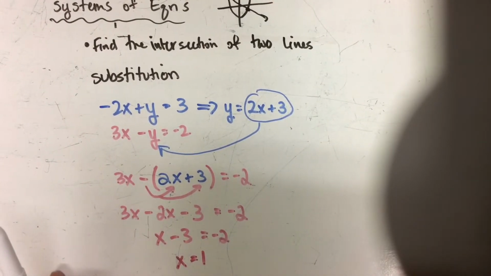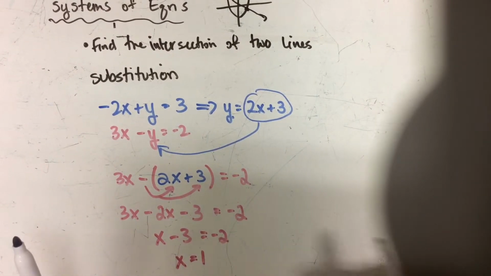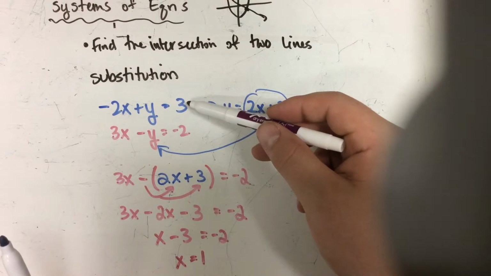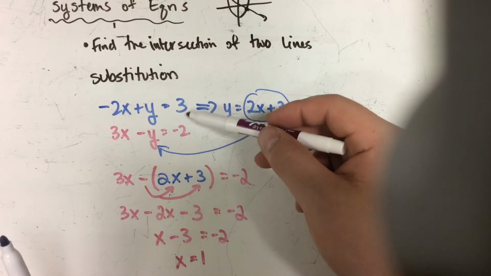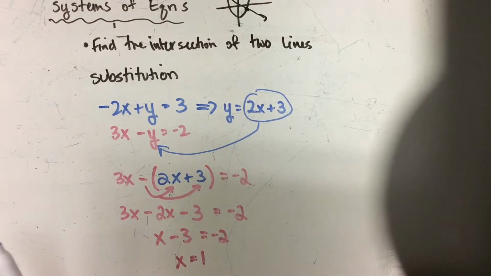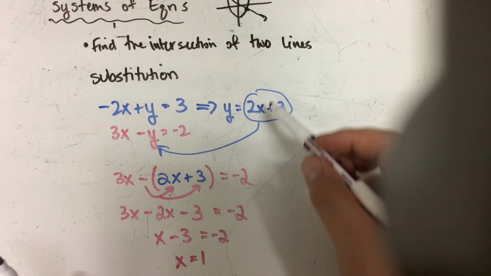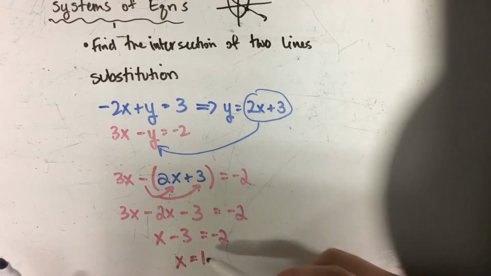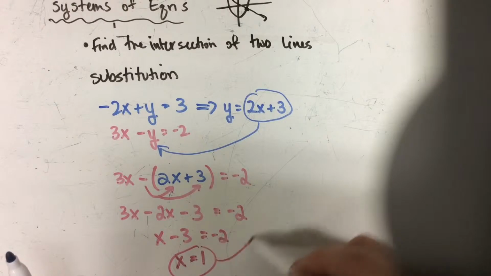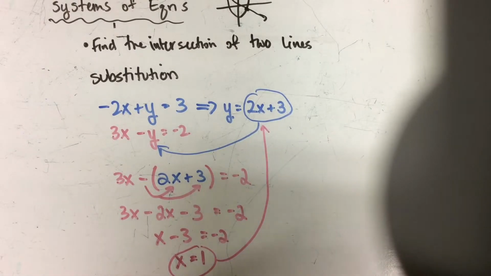Once we determined that x equaled 1, we want to find out what y equals. I can choose either my blue or my pink equation, and plug in x equals 1. I already have this hybrid of the blue one, so why don't I just use it.